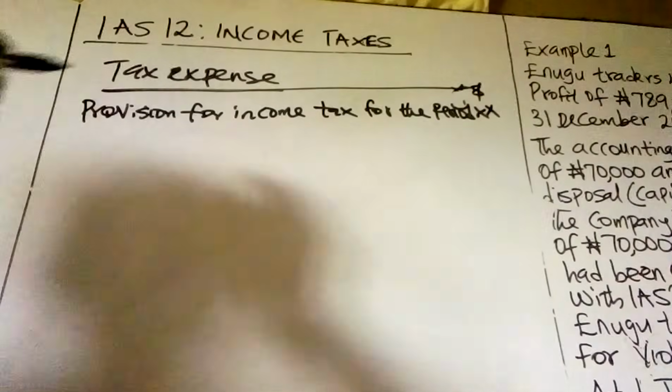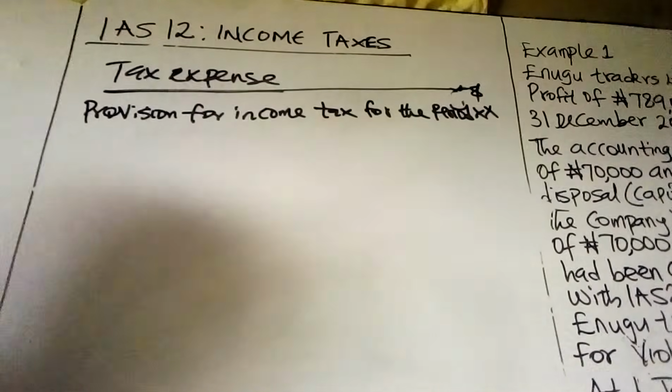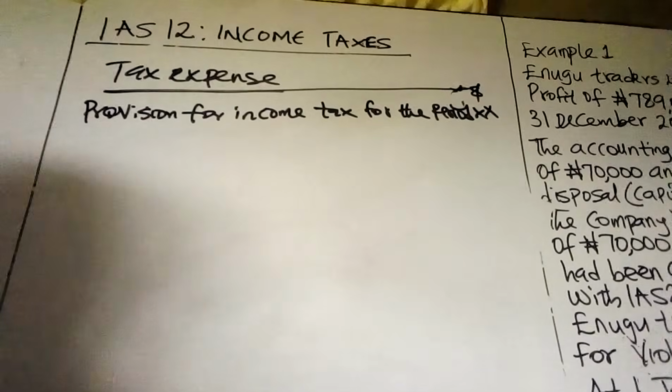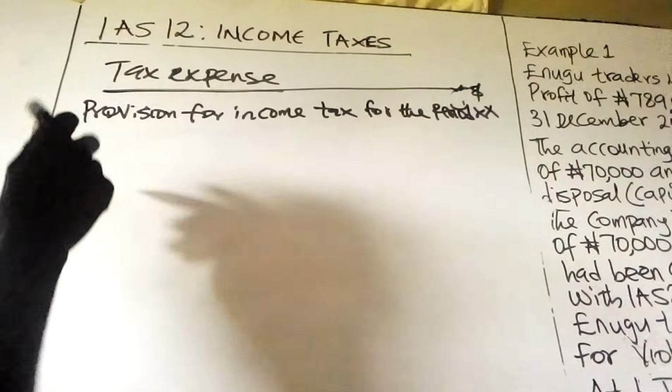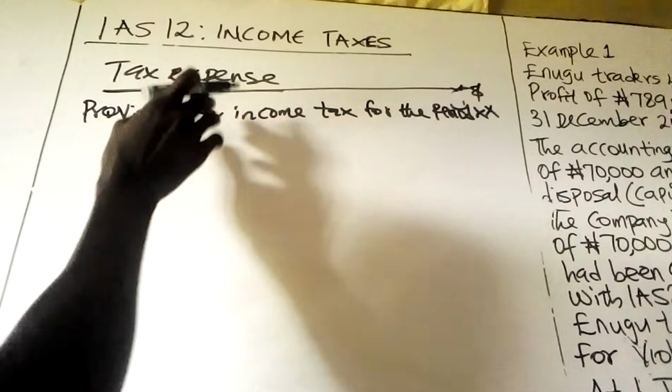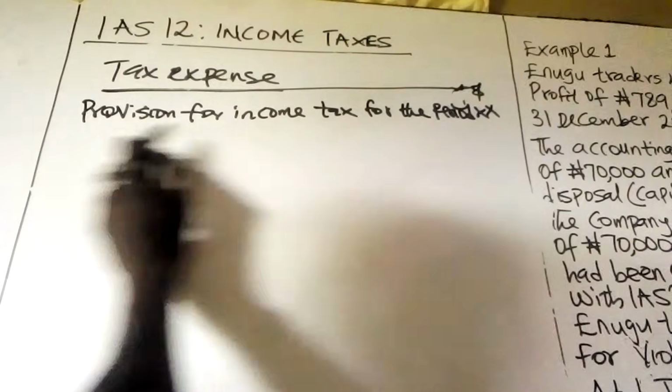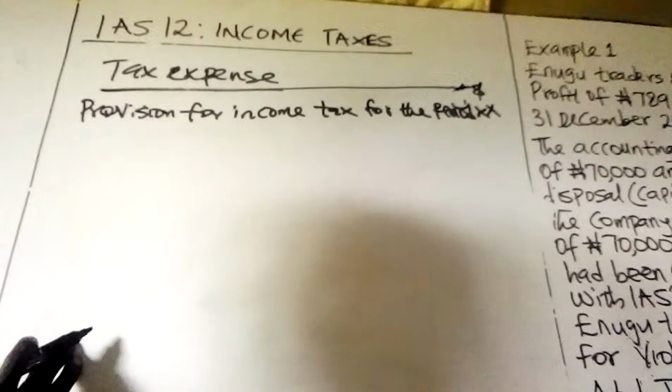So this same provision will be recognized as a current liability in the statement of financial position. Then to this, we want to get the amount of tax expense. You start with provision for income tax for the period.